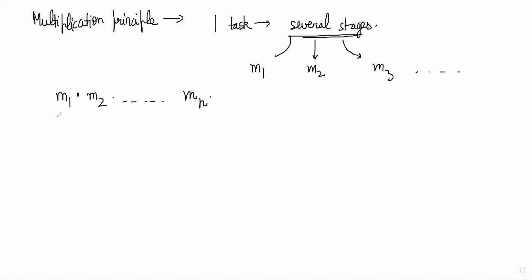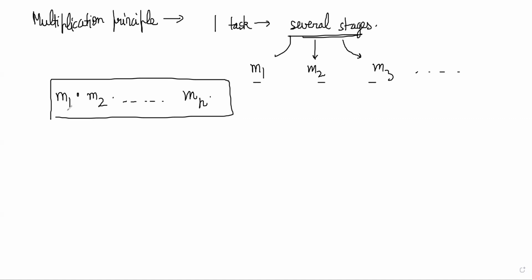The logic here is that in order to complete the task, you must necessarily do all the stages, right? So you just have to multiply how many ways you can do each stage.